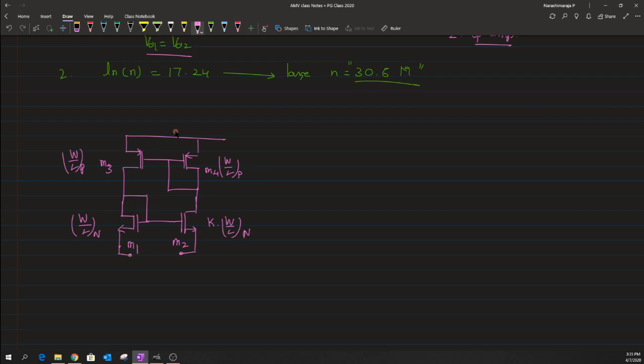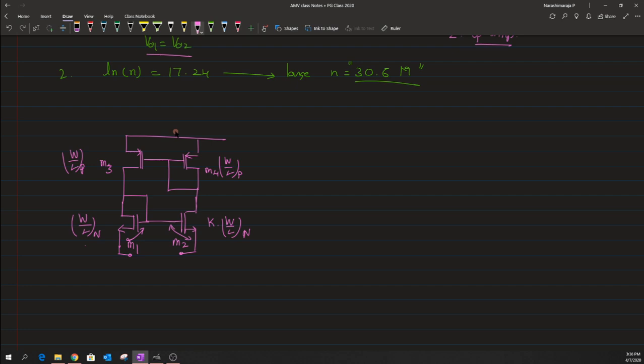The question here is that we have to ensure that our VO1 is the same as our VO2. In this circuit, if the W/L of M1 is not the same as the W/L of M2, then one cannot ensure that this VGS is exactly equal to this VGS.